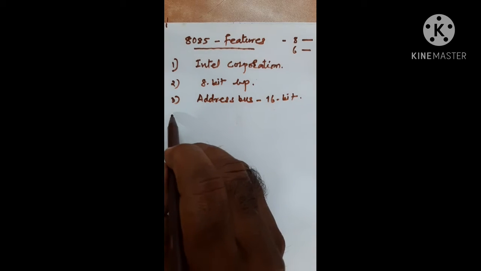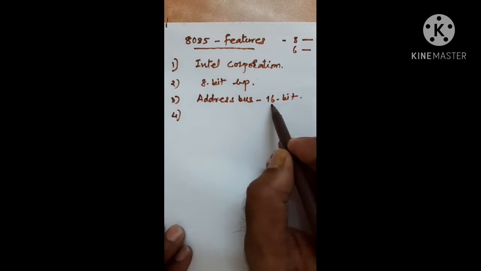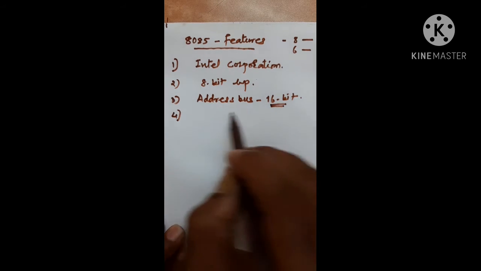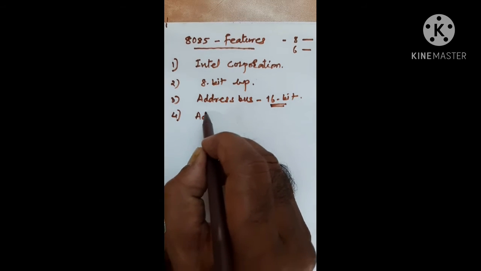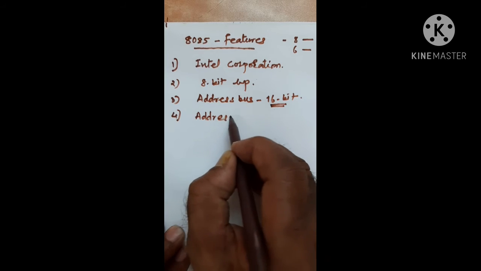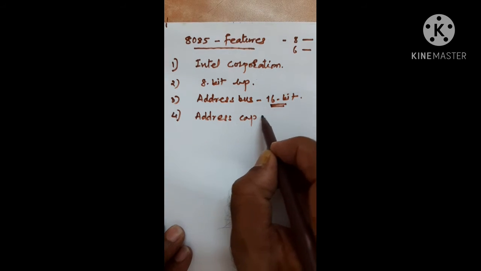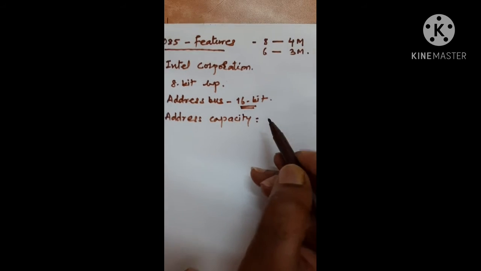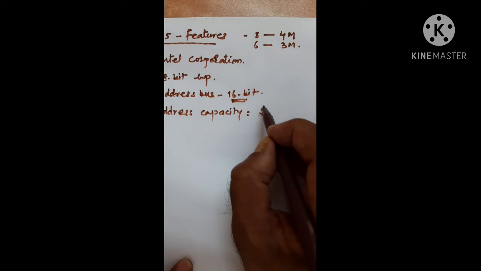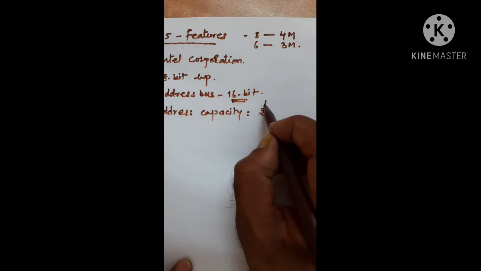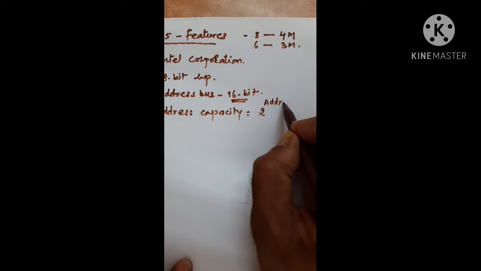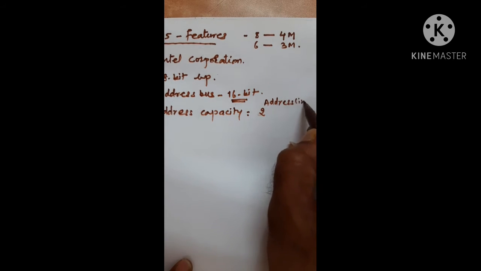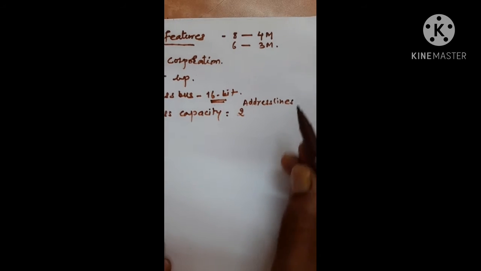Now the fourth feature is, as per the address bus width, the address capacity of this microprocessor, with the formula 2 raised to the number of address lines in the address bus.